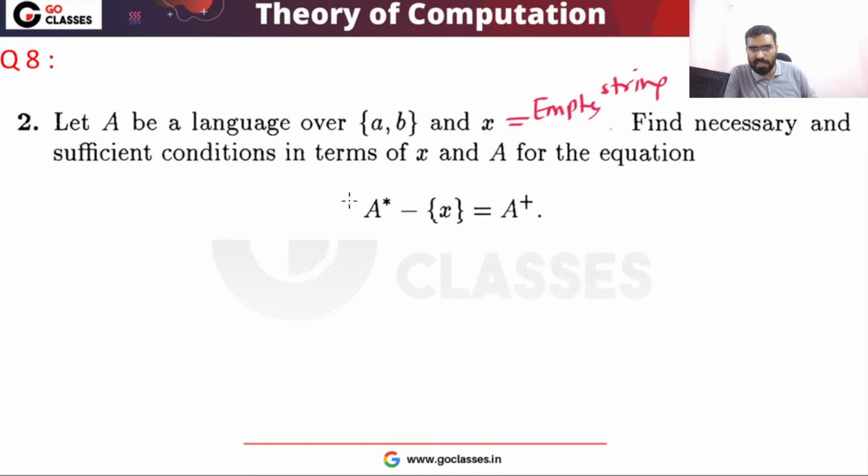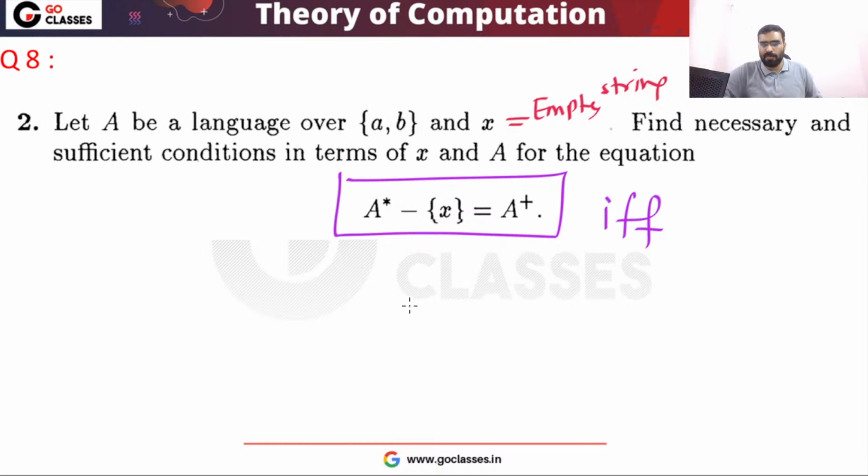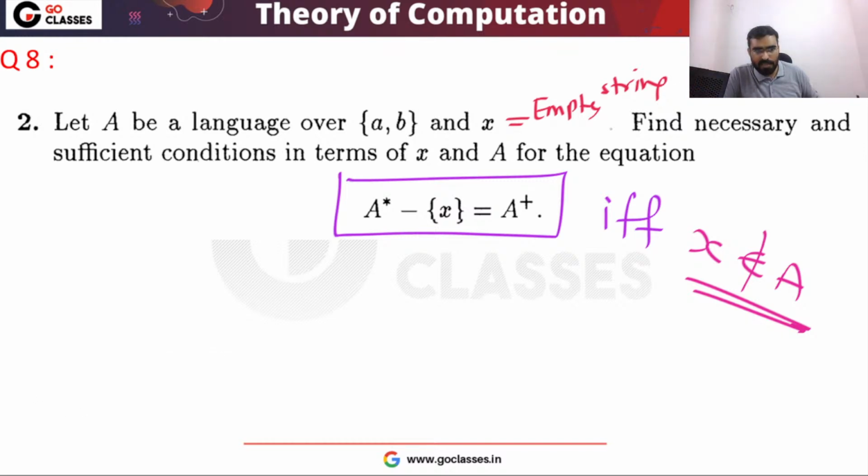A is a language, and X is an empty string. This will happen if and only if X does not belong to A, correct? Yes or no? Is this clear?